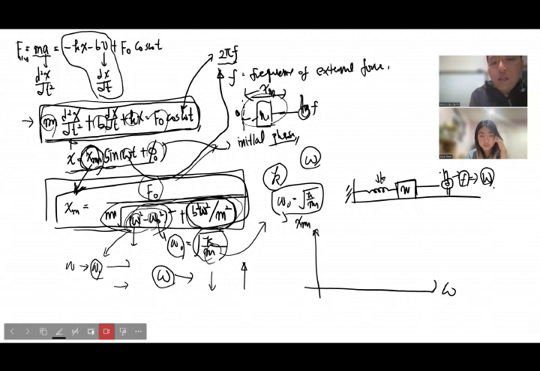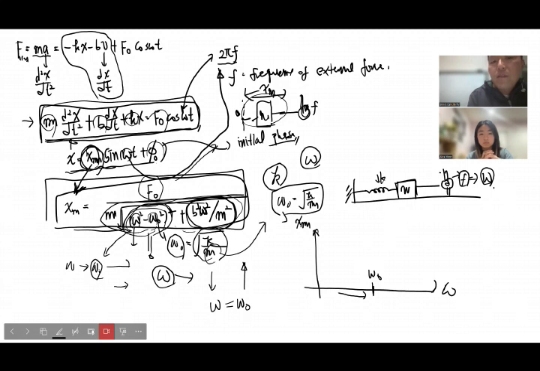So the denominator inside of the square root, now this is omega, right? There's omega naught. As this omega gets close to omega naught, this number becomes smaller and smaller. If the external frequency is exactly the same as omega naught, then this first term becomes 0.